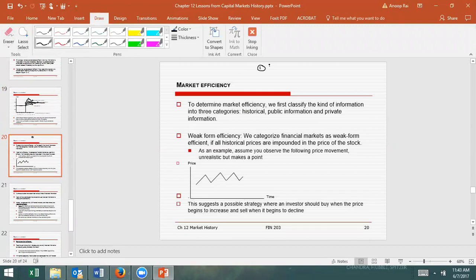One is only historical information, the other is public, and the other is private. So let's start with the historical, because that falls under the title of weak form efficiency.